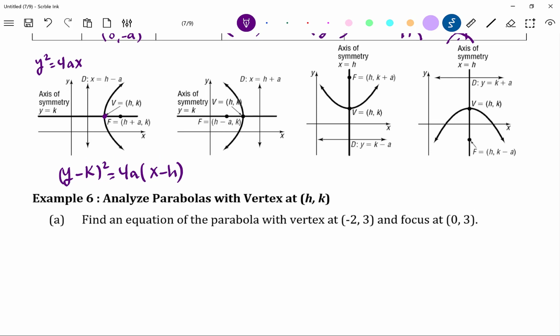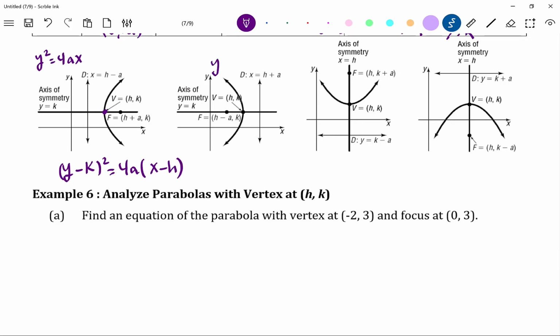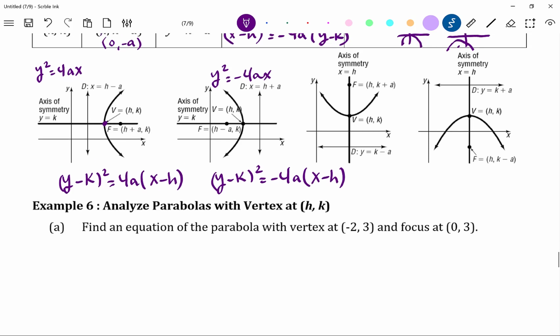For a parabola that's open towards the negative direction, I'm not sure if this parabola is here or here. It just depends on how big h is. But such a parabola is going to look like y squared is equal to negative 4ax if the vertex was at the origin. But in this case, that's going to be (y minus k) squared is equal to negative 4a (x minus h).